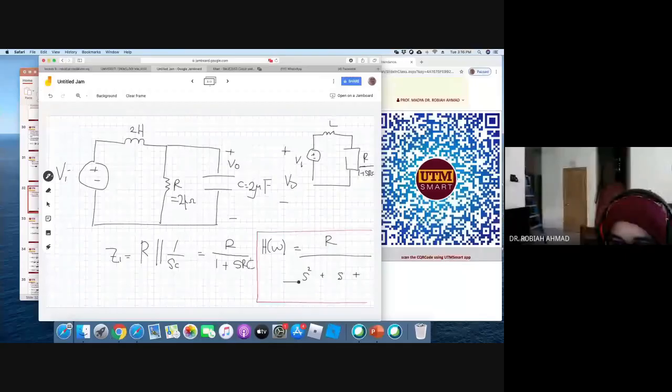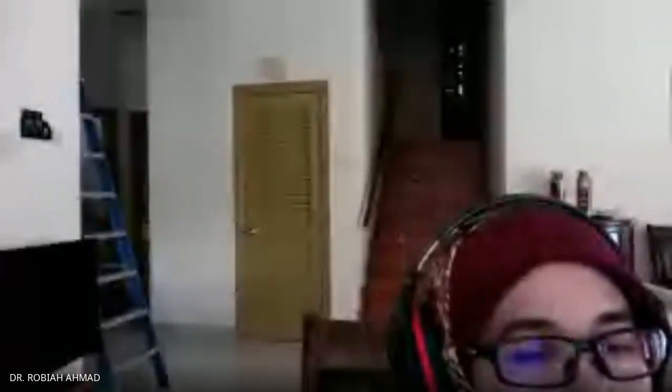May I know the coefficient? It is a second order.